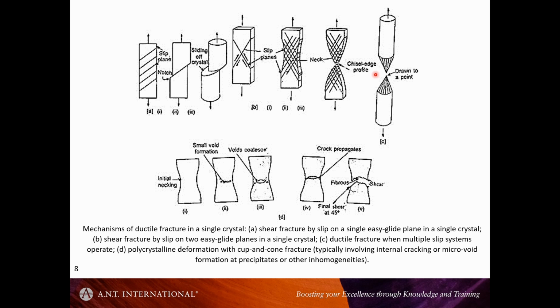On a microscopic scale, you will eventually get some decoherence. In a polycrystalline sample, or in a material with a lot of impurities and precipitates in it, it's not quite as pure and simple as this upper case here, and you tend to get void and microvoid coalescence within the tensile specimen up until you get the failure.